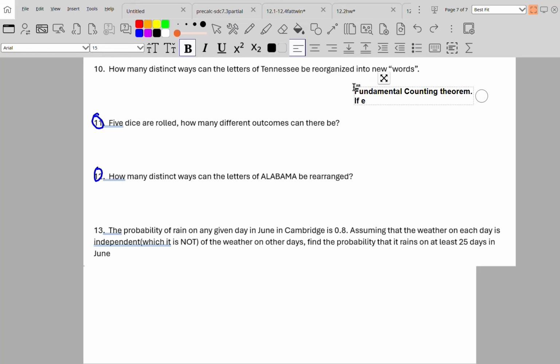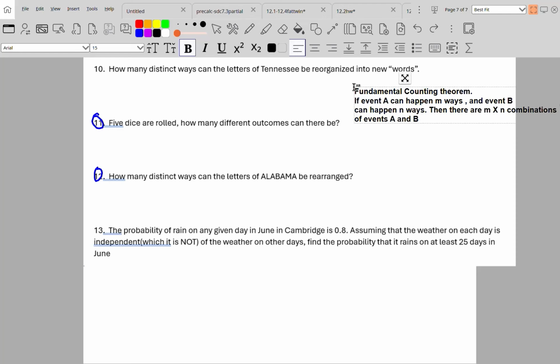It says if event A can happen M ways and event B can happen N ways, then there are M by N ways, let's say groupings or combinations, of events A and B. It's the fundamental counting theorem.